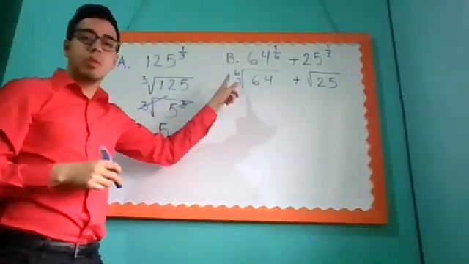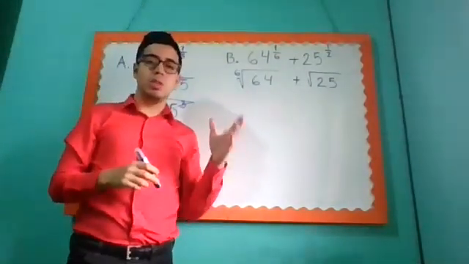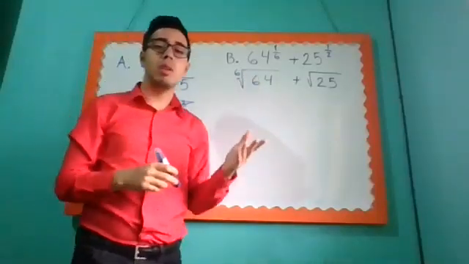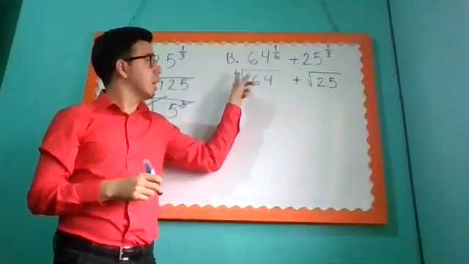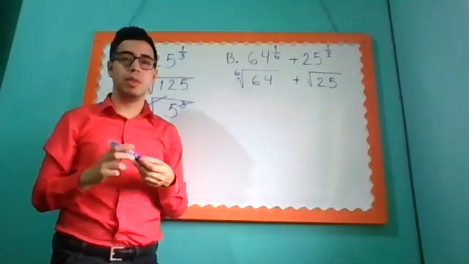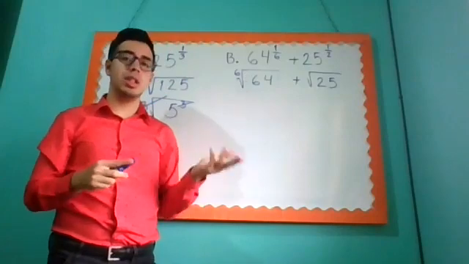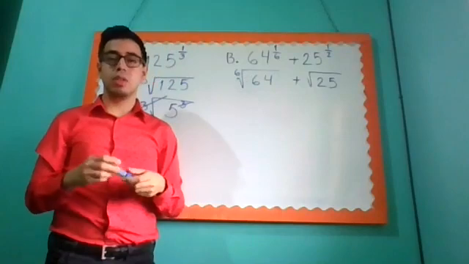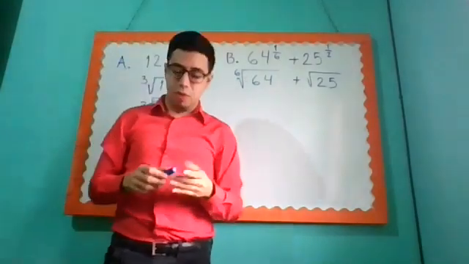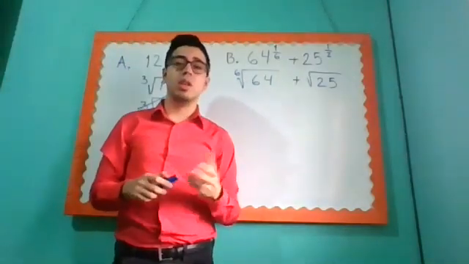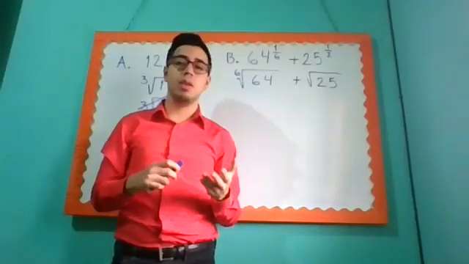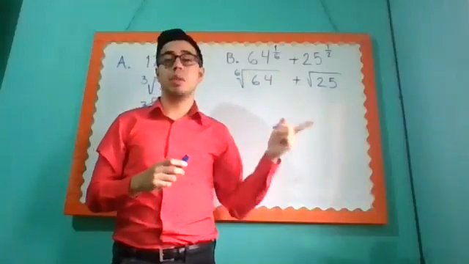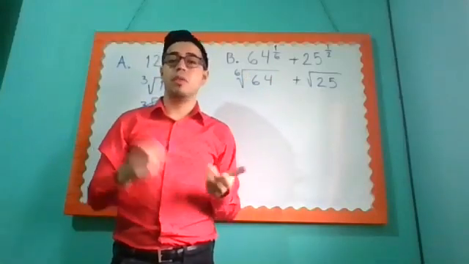What I need to do now to simplify is to check if there is one number that multiplied 6 times is equal to 64. In this case, that number is 2. If you are not completely sure what number to choose, you can try it on your calculator, for example 2 to the power of 6, or 3 to the power of 6, 4 to the power of 6.